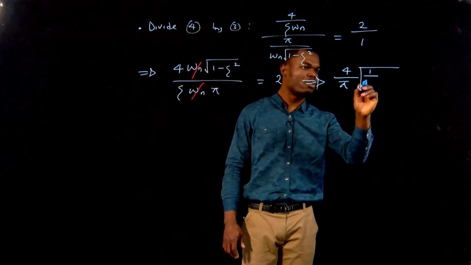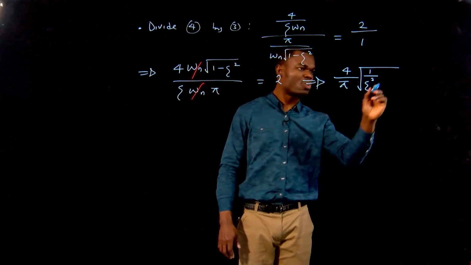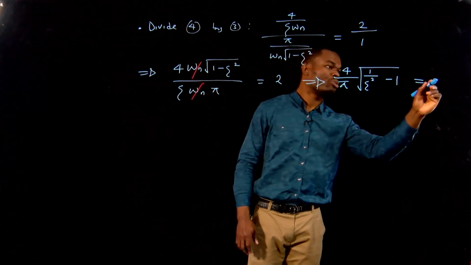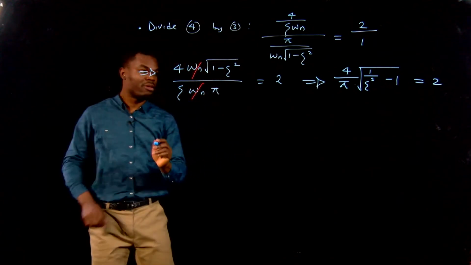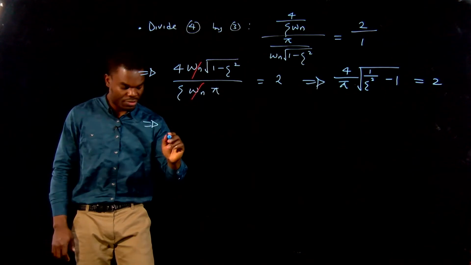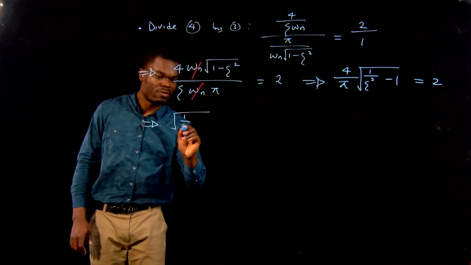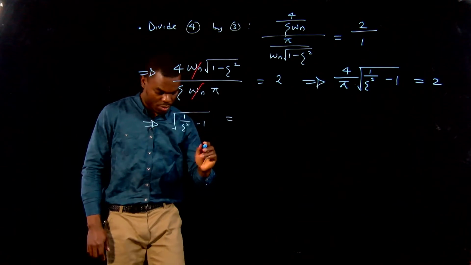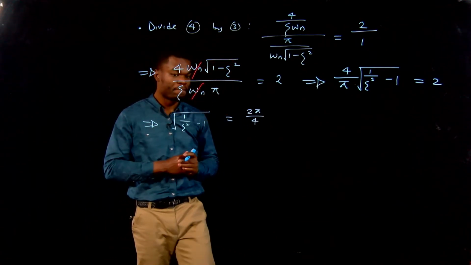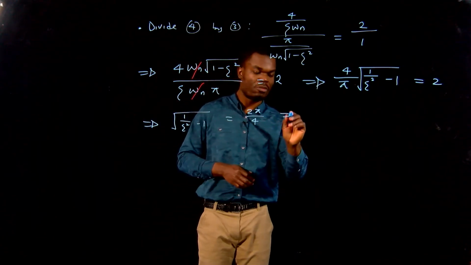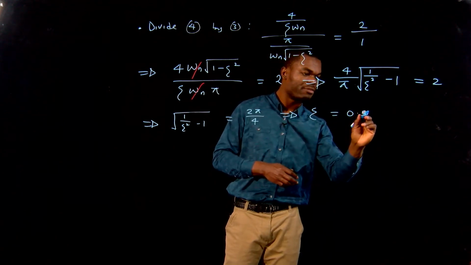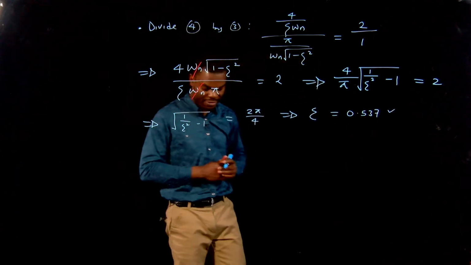If we do that, we should have the square root of 1 over zeta squared minus 1, and this should be equal to 2. If we move the 4 over pi to the right-hand side, we are left with the square root of 1 over zeta squared minus 1 equal to 2 pi over 4. And if we solve this, making zeta squared the subject of the formula, we should arrive at zeta equal to 0.537. So that's our value for zeta.